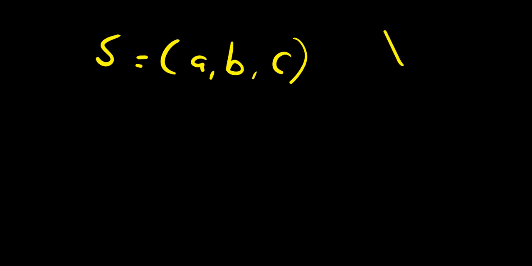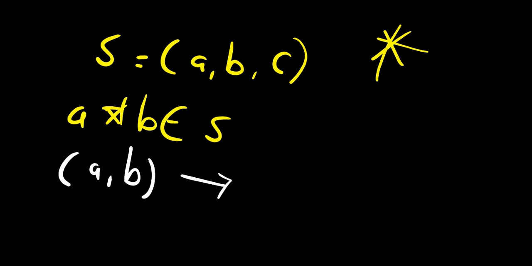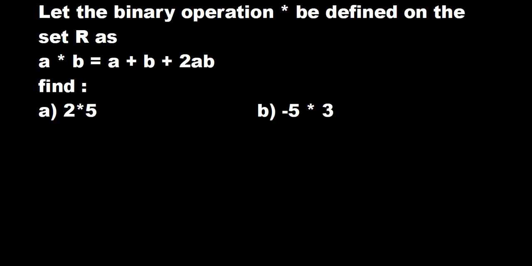Our binary operation will be a star, so A star B is a member of S. In set notation we say A, B, and to translate it to binary operations, we just say A star B.